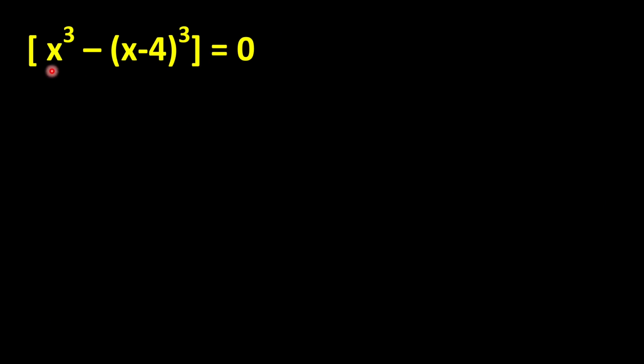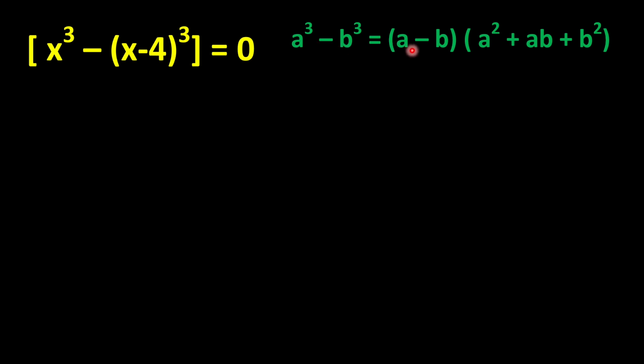And here we will again apply an algebraic identity, which is in the form of a cube minus b cube. So a cube minus b cube equal to (a minus b) into (a squared plus ab plus b squared), and here we have a equal to x and b equal to x minus 4. So let's expand this according to this identity.